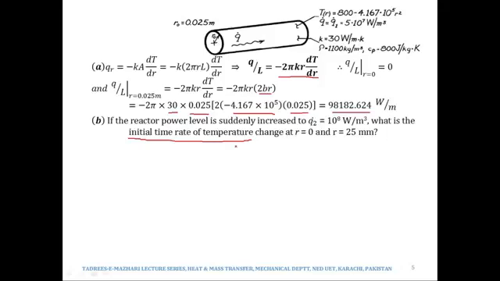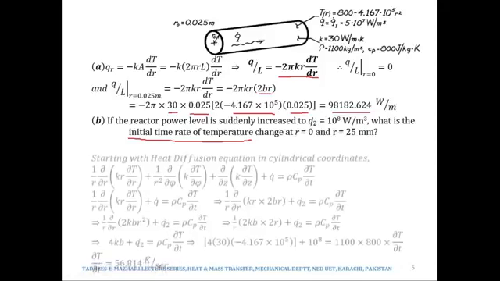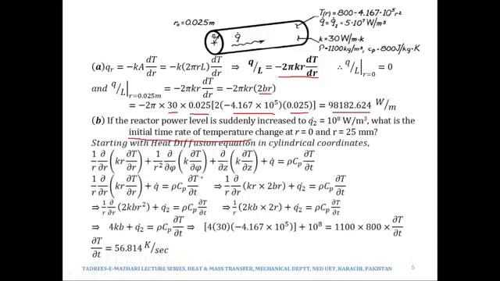That is why I was emphasizing earlier during the lecture that if you only remember the first term, 1 over r d by dr of kr dT by dr, that would be sufficient in a lot of cases. Plus q dot is rho c dT by dt.